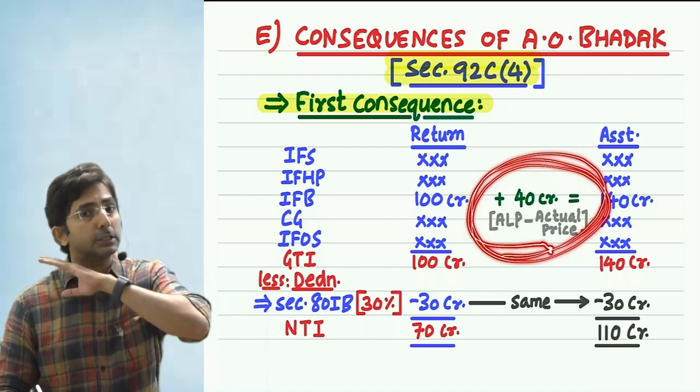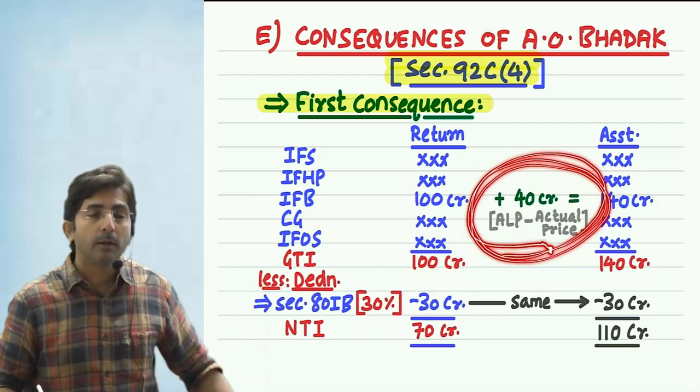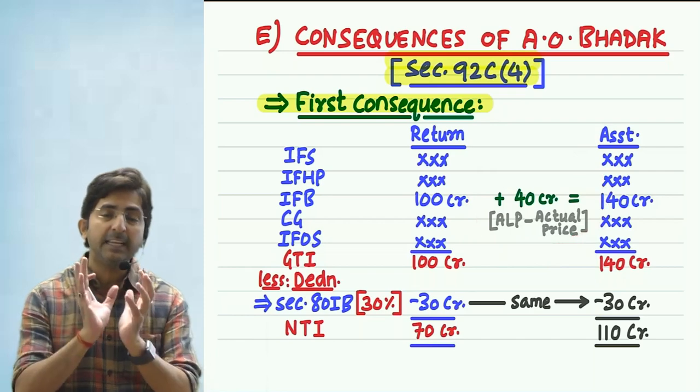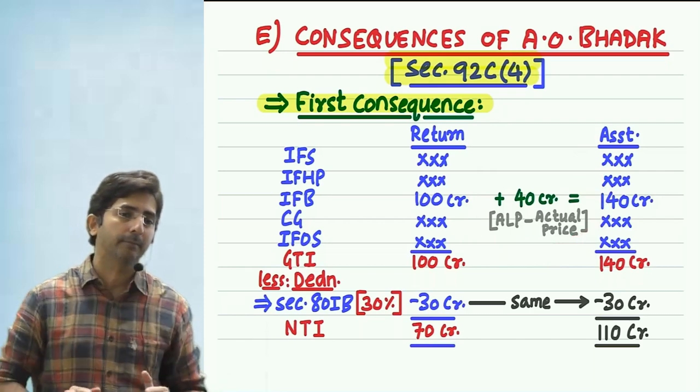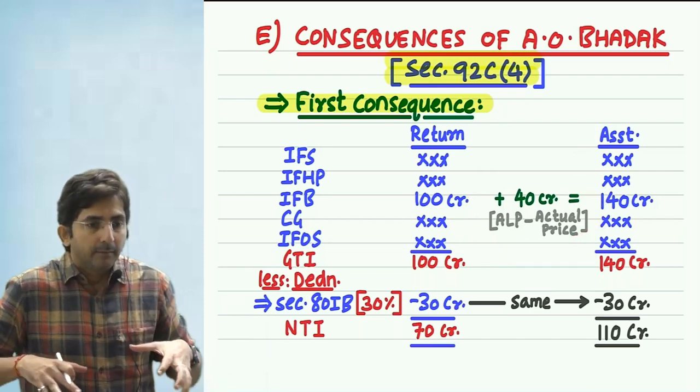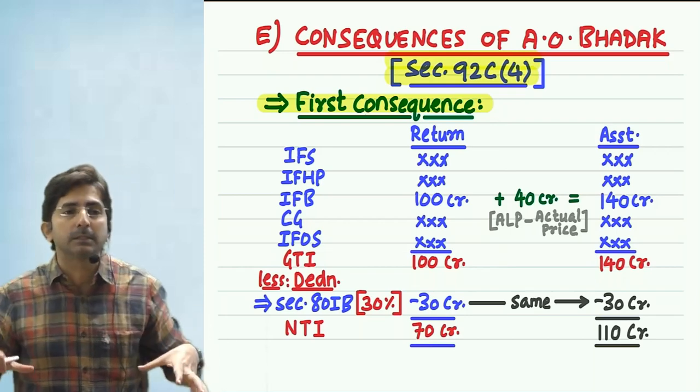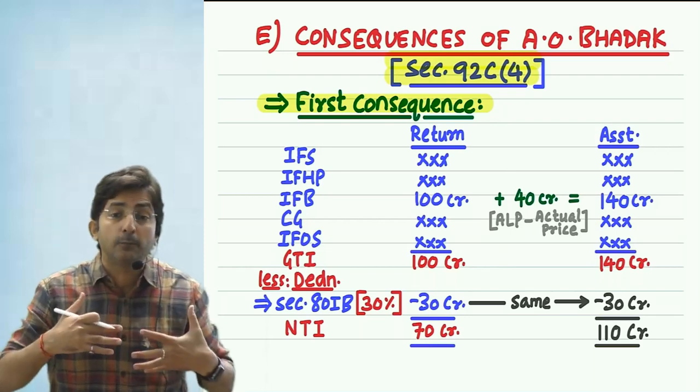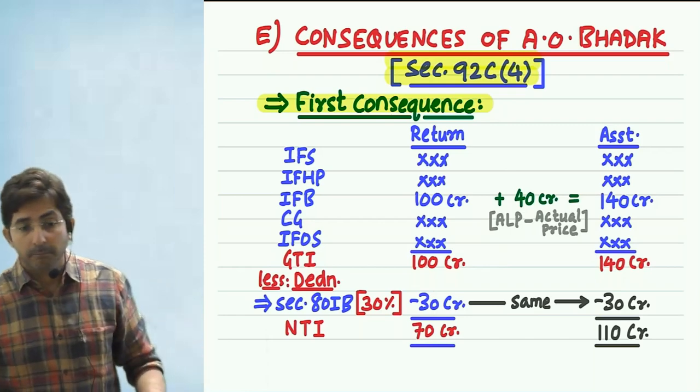Although we say deduction under chapter 6A as a whole group, actually 80IA and 80IB are mainly affected, because in multinational companies type of business, 80IA and 80IB are very regular for them. So that will be affected.